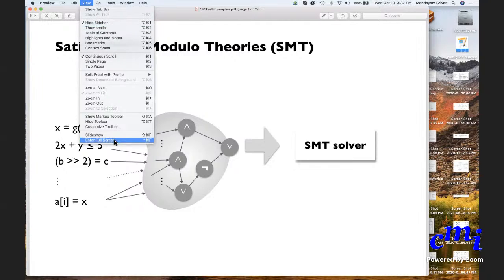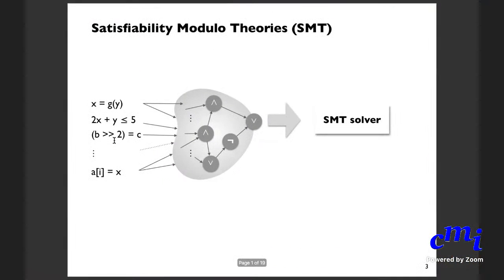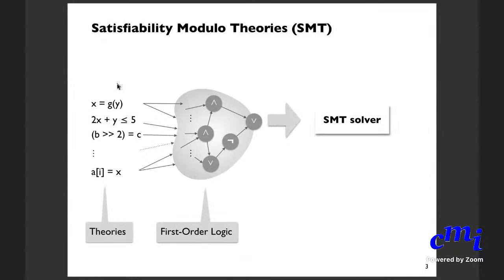Okay, that's first order logic. So these are the theories. For example, this could be theories involving arrays. This is bit vectors, where greater than is shift operations. And this one here, 2x plus y less than or equal to 5, can be drawn from the standard arithmetic theory, which could be the real, integer or natural numbers.